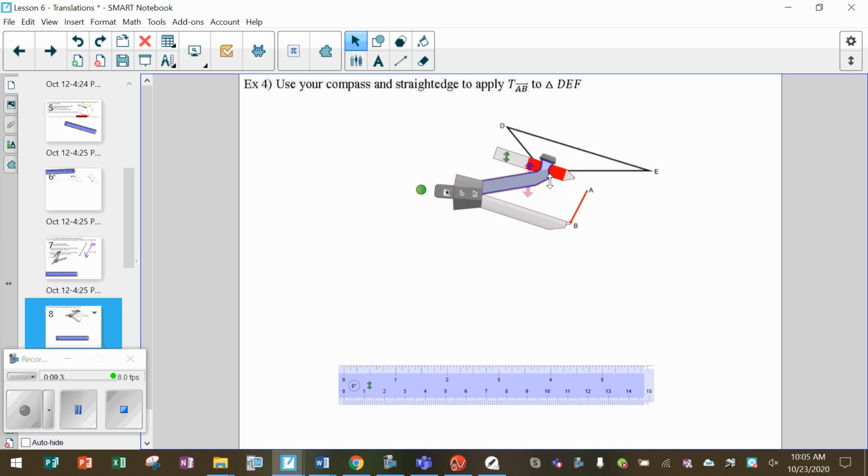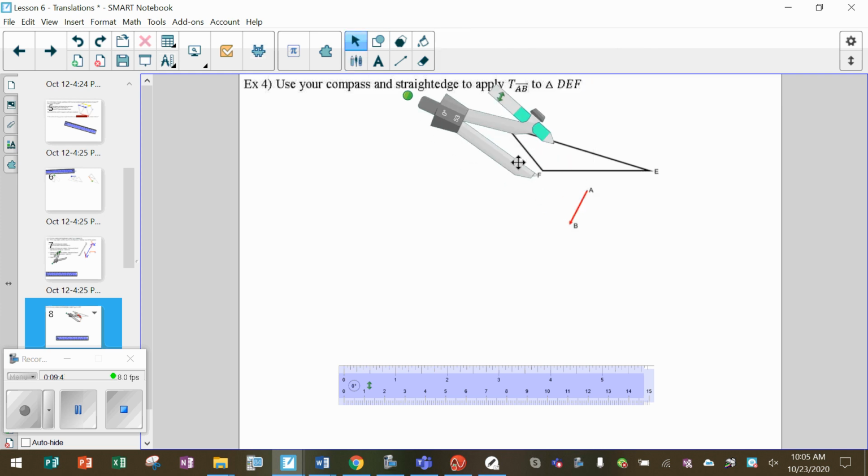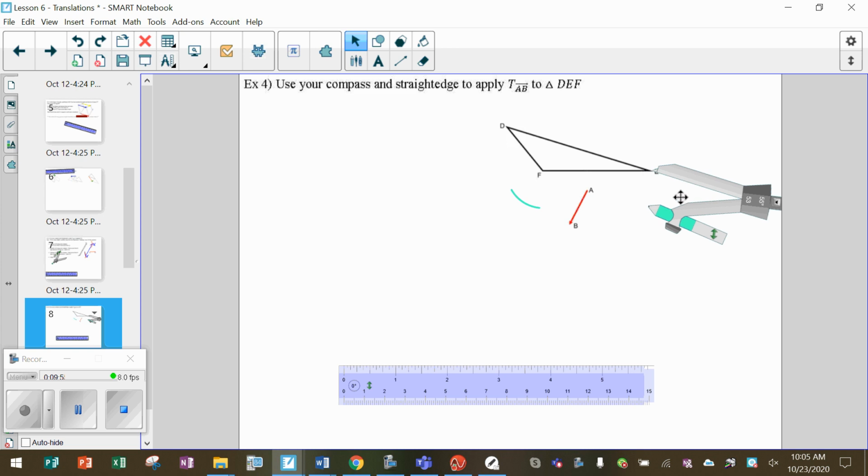Take our compass, match the setting for the vector. Then you're going to mark that distance from each vertex in the direction of the arrow. So that means I want my marking somewhere over on this side, from each vertex.